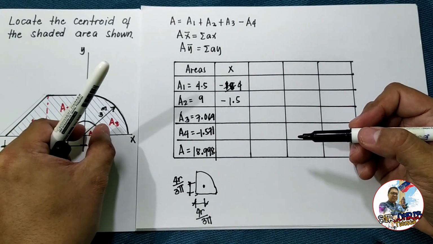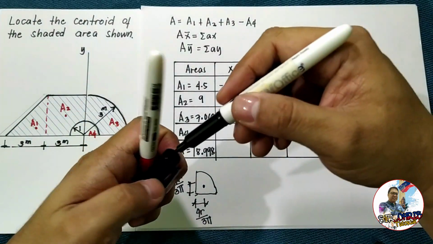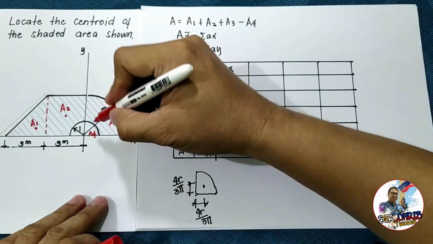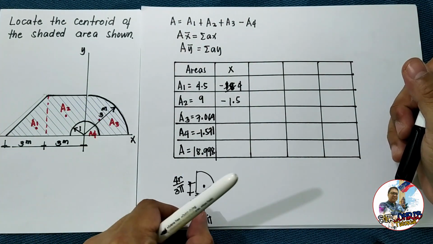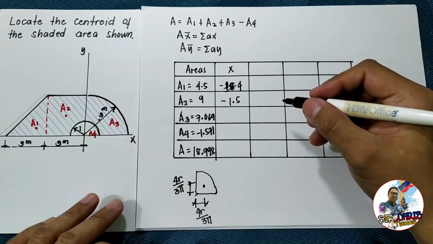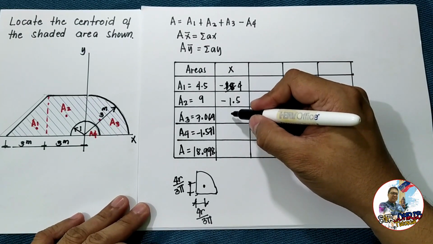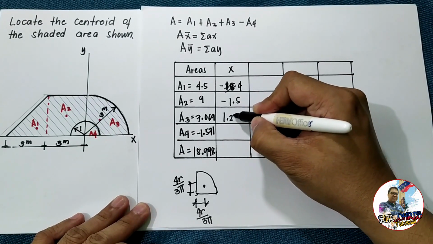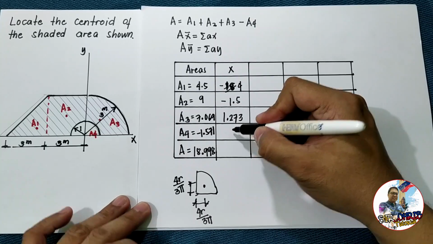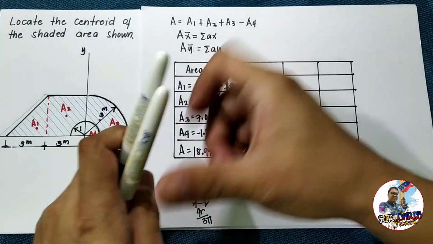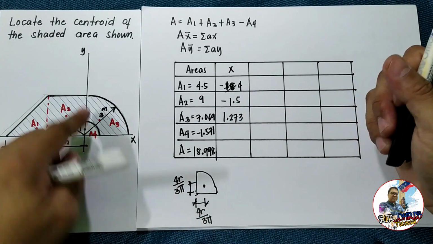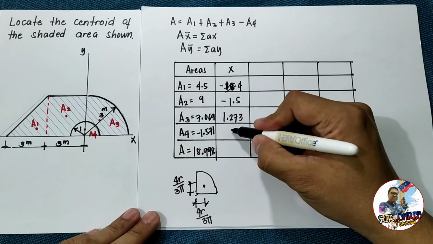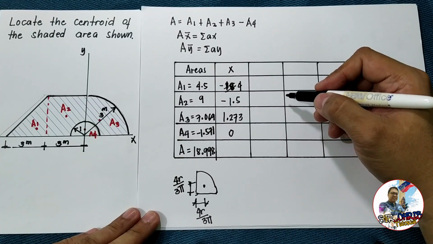What we need here is the distance of the centroid of this quarter circle with respect to the y-axis. That is 4r over 3 pi, and if we evaluate that, it's going to be 1.273. And then the centroid of this circle here actually coincides with the y-axis, so the x value is 0.